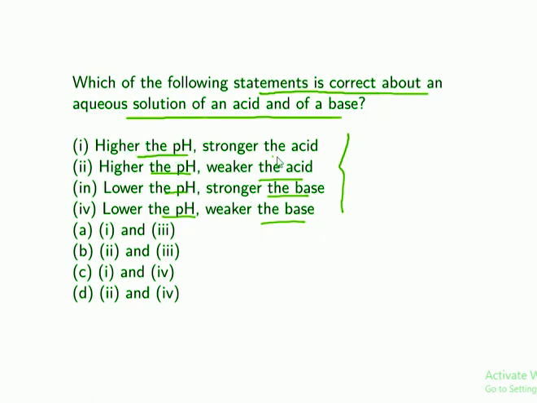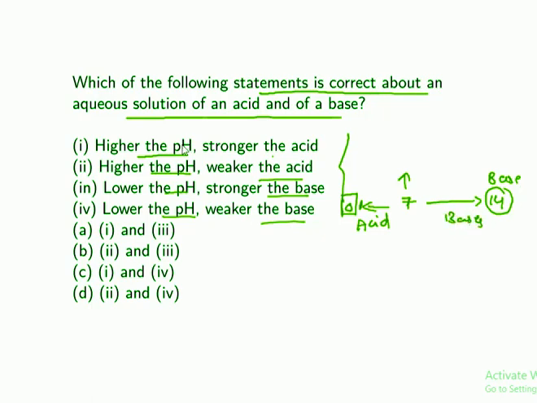Higher the pH. So do you remember 7 is neutral, right? The left side numbers up to 0 are acidic in nature. Strongest acidic will be 0 or 1, okay? And the right side numbers up to 14, and the strongest base will be 14. So these will be bases.